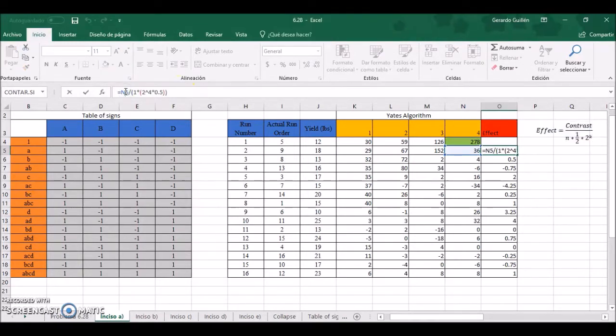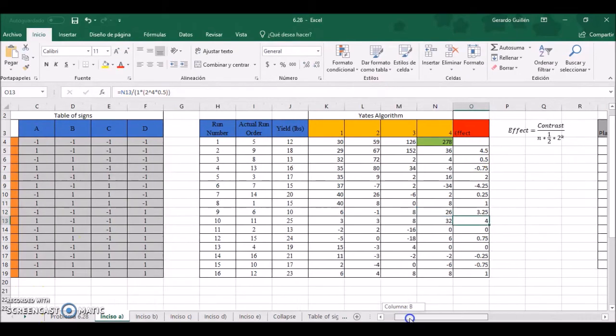We select the first constant, which is 36, over n, which is 1, times, you open a parenthesis, 2 to the 4, that multiplies 0.5. And this is the first effect. And so on. You need to do it with every value of the last Yates column, which is the contrast column.